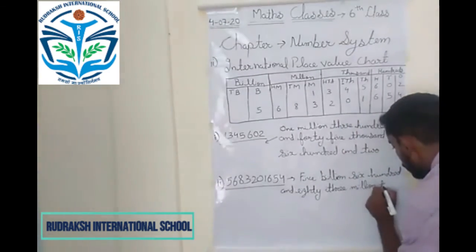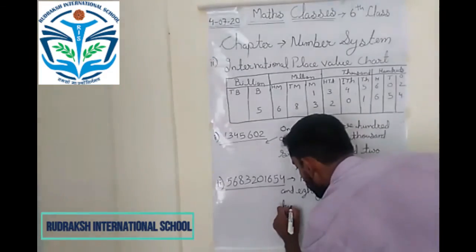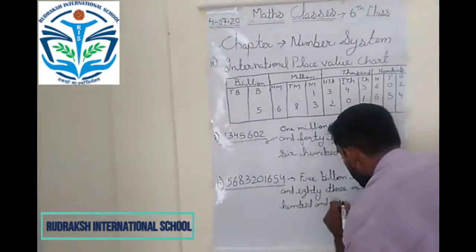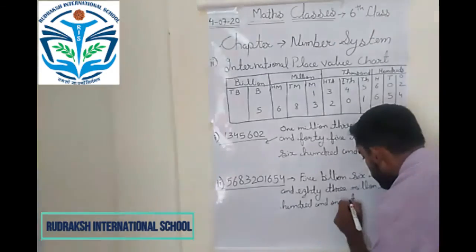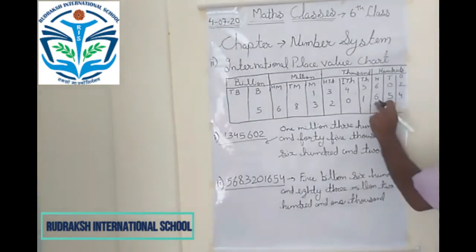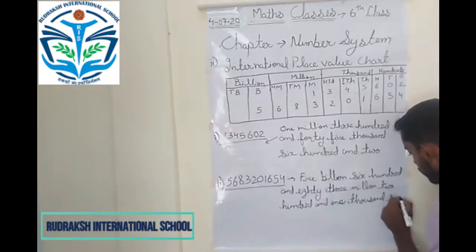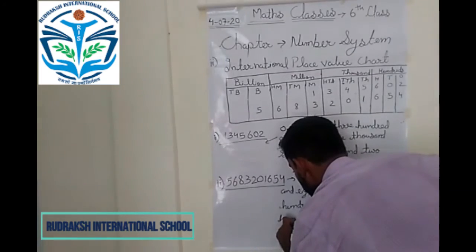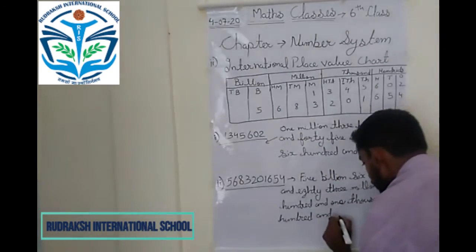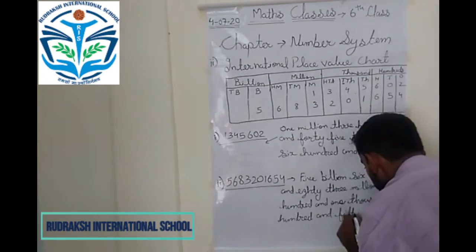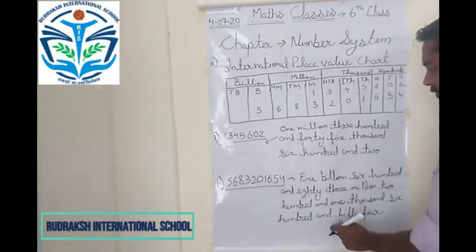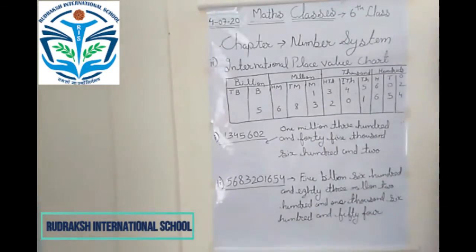So this will be the arrangement of a number in the international place value chart.